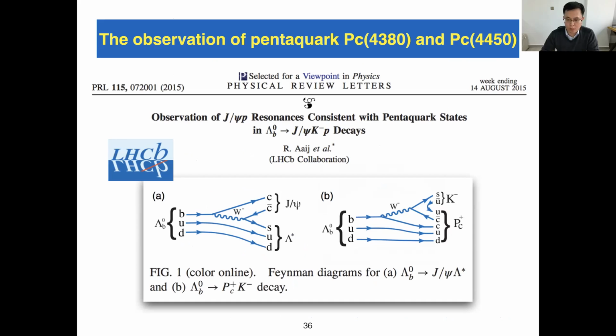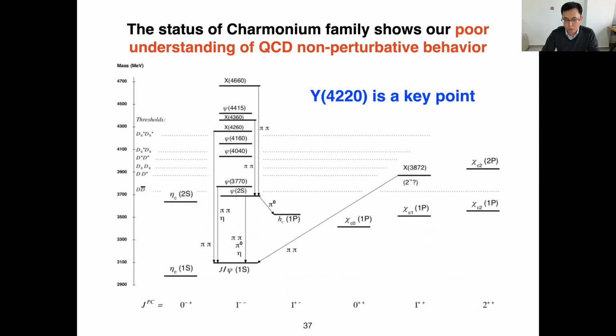I think there are many theoretical studies for this issue. I also want to indicate that the status of the charmonium family shows our poor understanding of the QCD non-perturbative behavior.